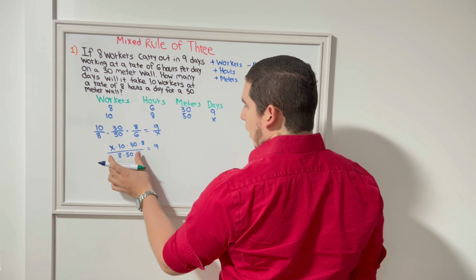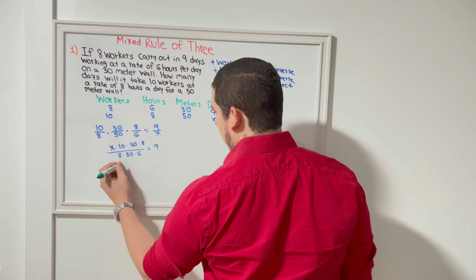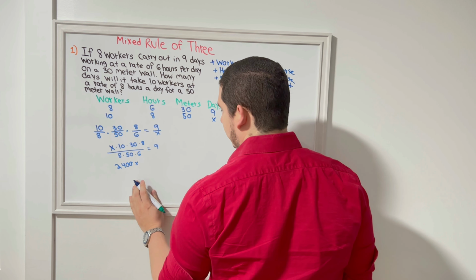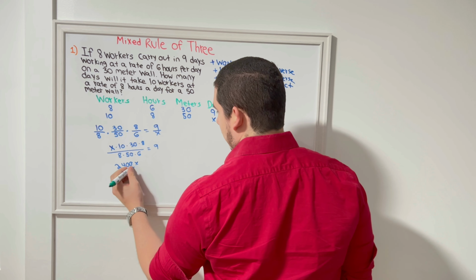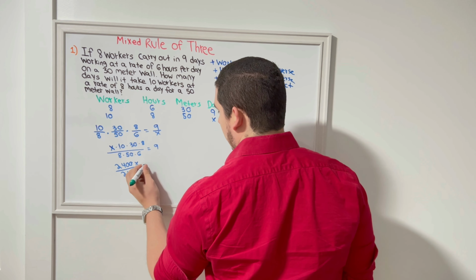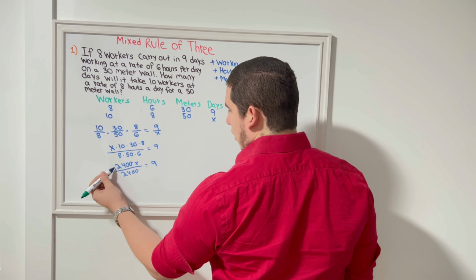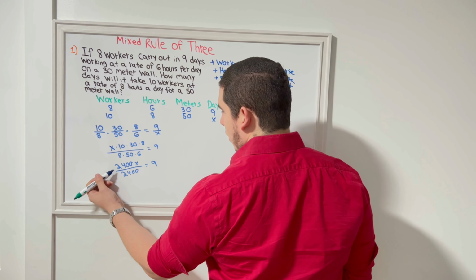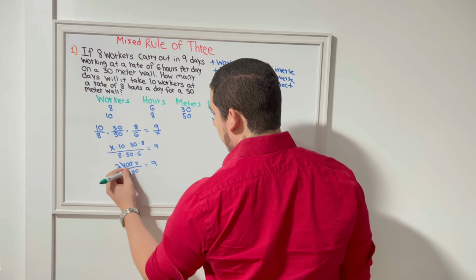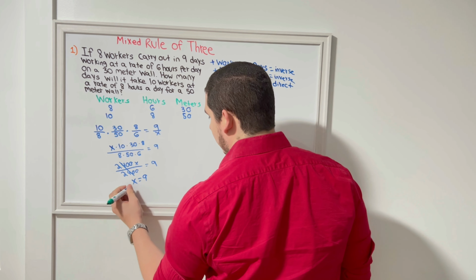If you multiply these numbers, you're gonna have 2,400 x divided by 2,400 equals 9. This equals 1 because 2,400 divided by the same number equals 1. Therefore, this one is cancelled and we have x equals 9.